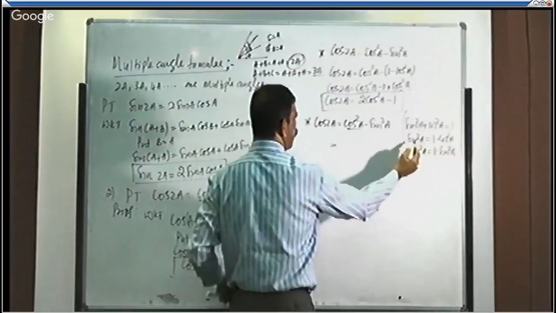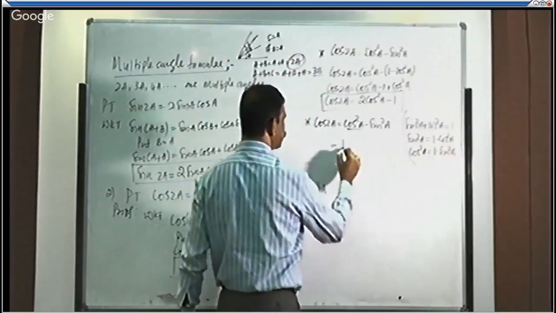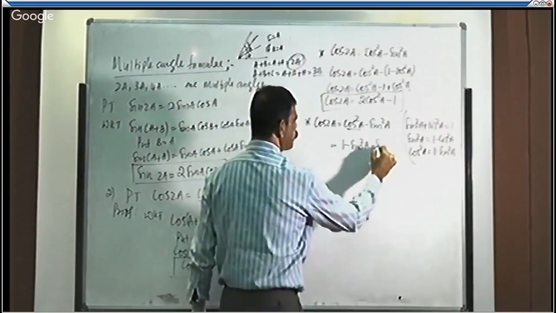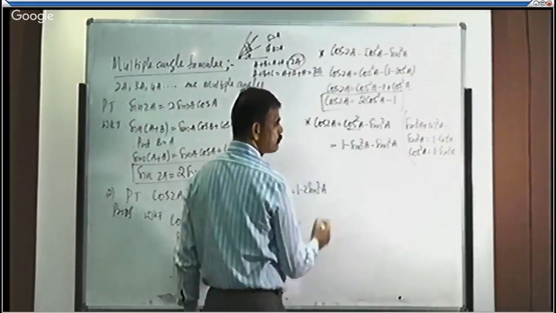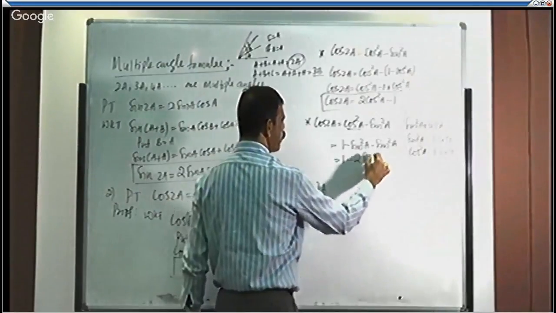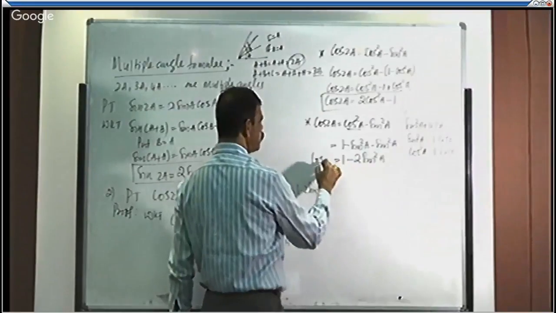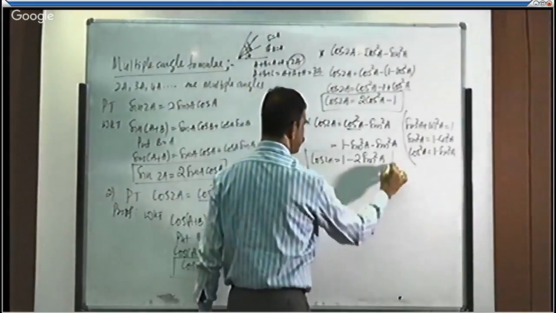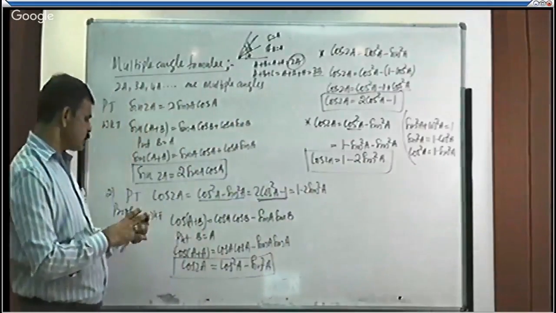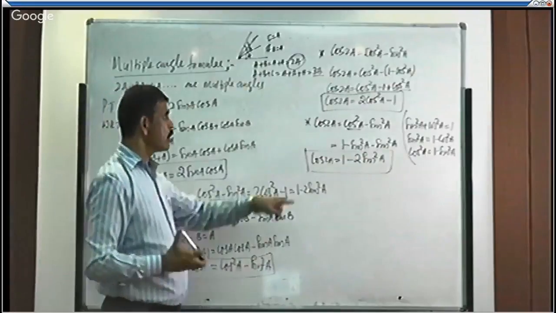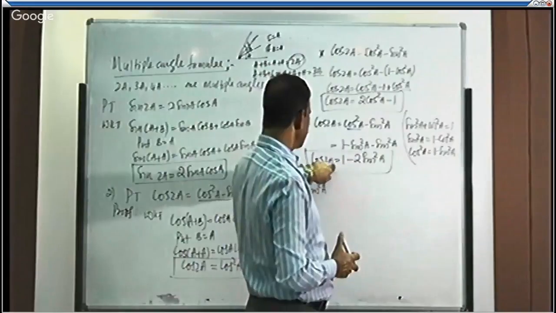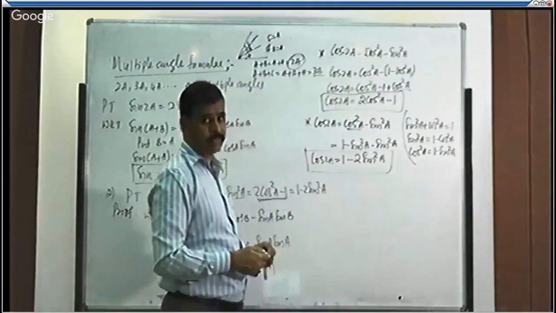So cos square can be taken as 1 minus sine square. 1 minus sine square, angle is A, minus sine square A, it is 1 minus 2 sine square A. So we got all the three formulas for cos 2A. Cos 2A is cos square A minus sine square A. Cos 2A is 2 cos square A minus 1. Cos 2A is 1 minus 2 sine square A.